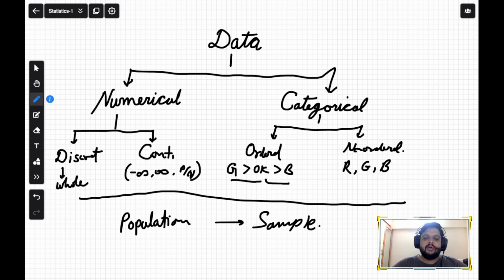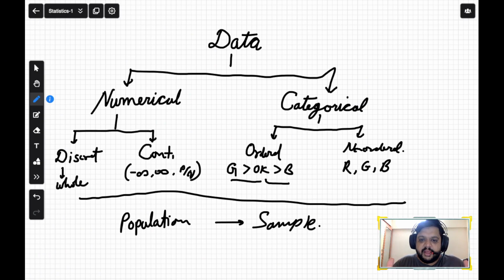When we say each and every person, it means we are going to take the record of each and every person who is having a car in your city. So there may be n number of people. That entire population is actually called the population.